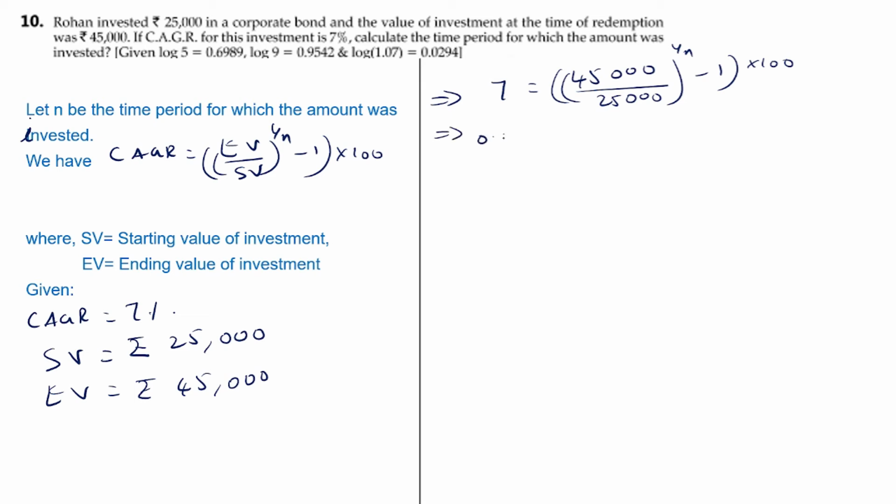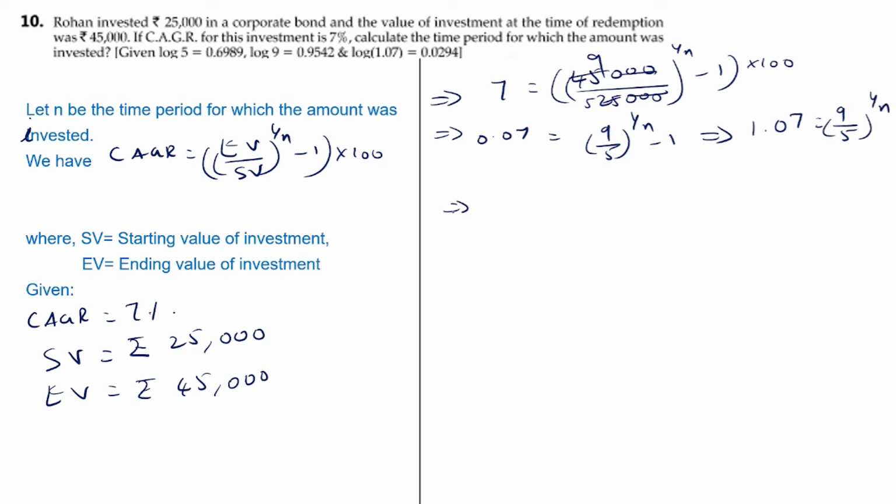Or we have 0.07 is equal to (9 by 5) the whole raised to 1 by n, minus 1. Or from this we get 1.07 is equal to (9 by 5) the whole raised to 1 by n.